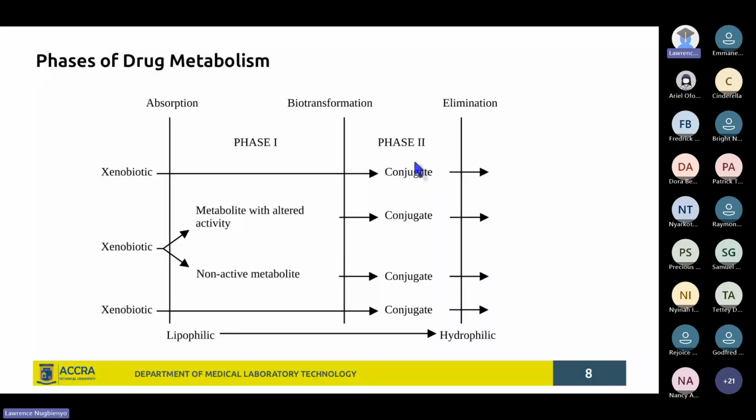Now you have also some substances that, first of all, will undergo some phase 1 biotransformation. And this can be in two ways. You have substances that will undergo phase 1 metabolism, which will result into the metabolites still being active, but its activity may either be higher or lower than the substance itself that is taken in.